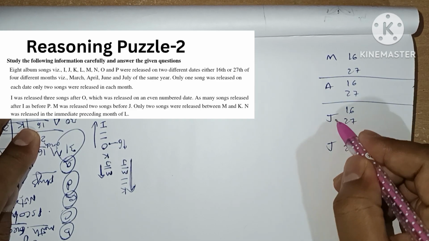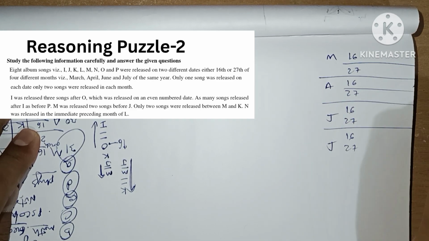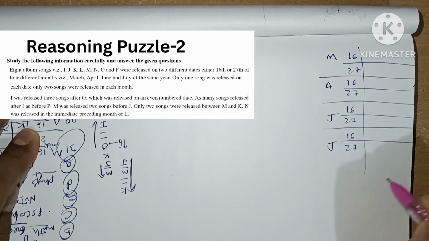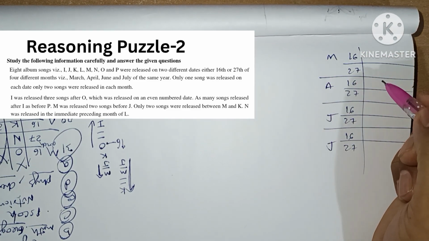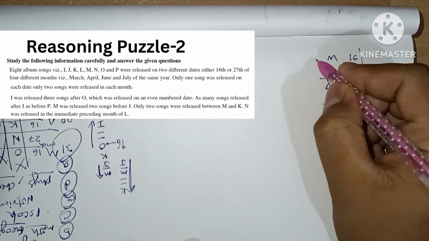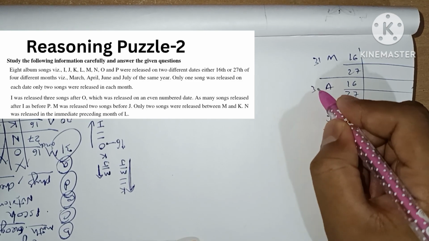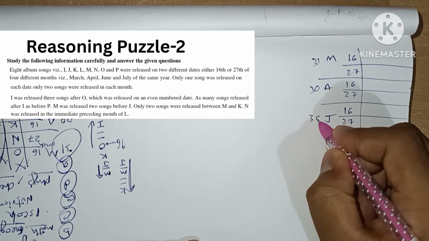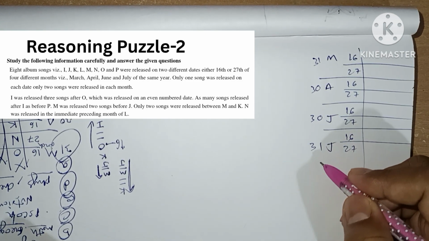Let's see the number of days in each month. It has 31 days, 30 days, 30 days and 31 days.